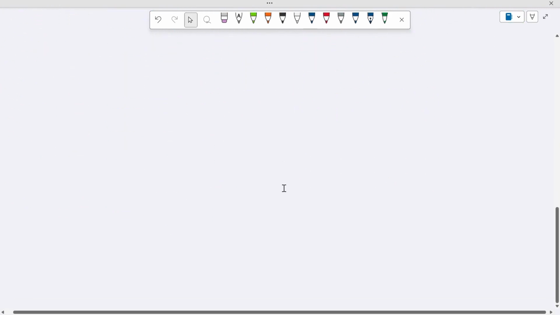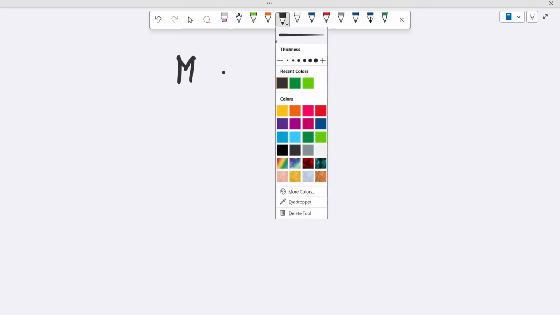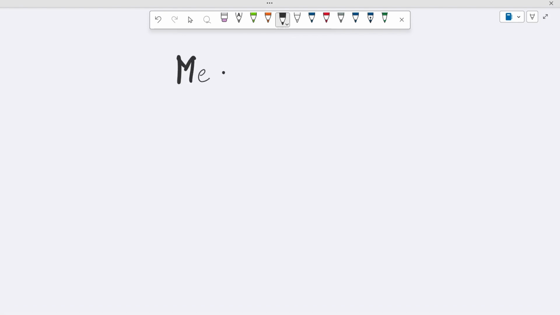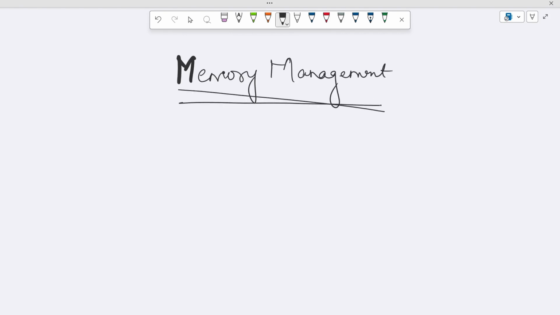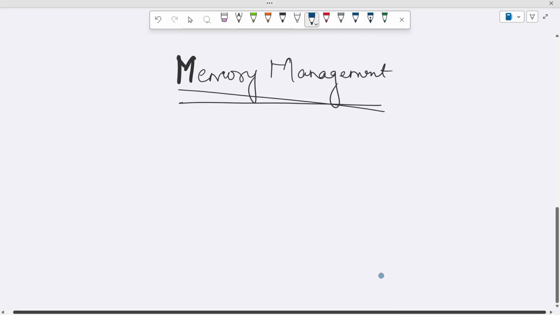Now we are moving forward to understand what the types of memory management are. Memory management is basically classified into two parts: contiguous memory management and non-contiguous memory management, or you can say memory schemes.